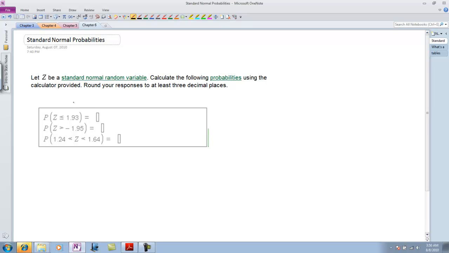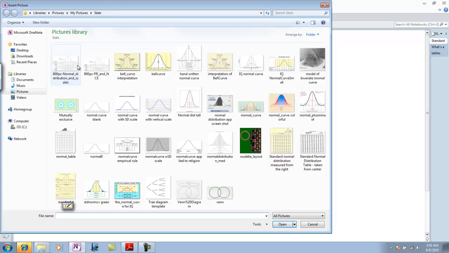So let's do this. If you're looking for the probability of finding a z-score on a specific value that is less than or equal to 1.93, one of the ways you can do that is you can look up 1.93 in a chart. When I see P of z less than 1.93, right away I imagine a picture in my head.